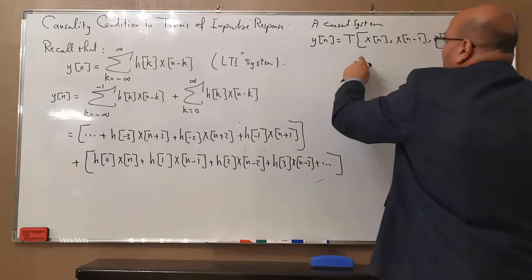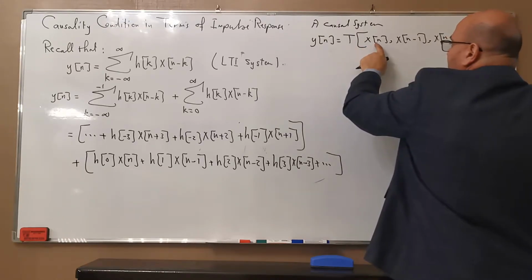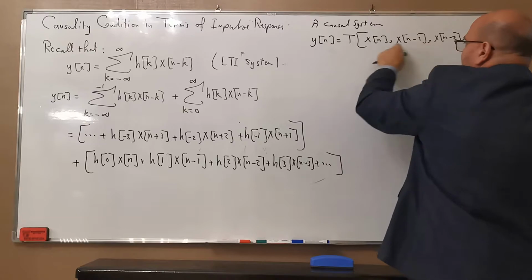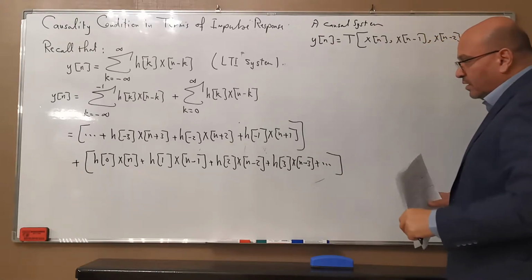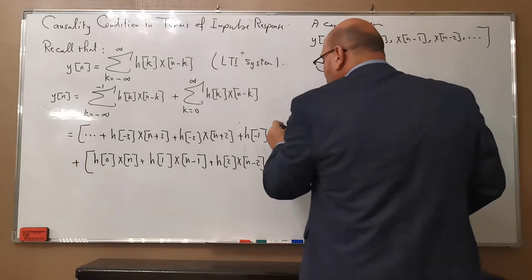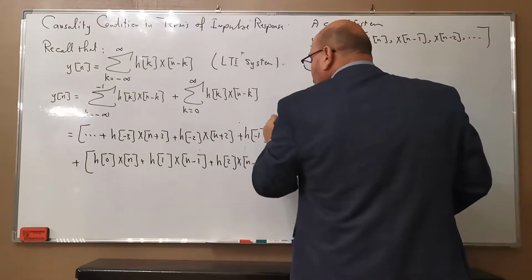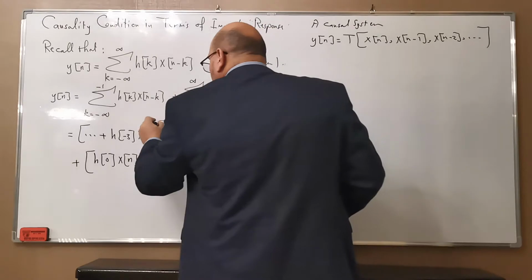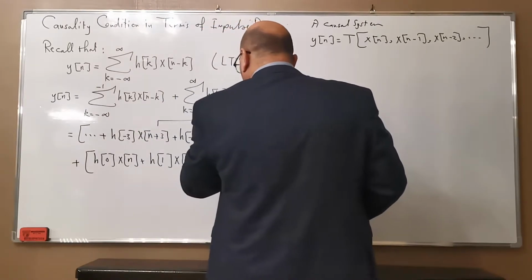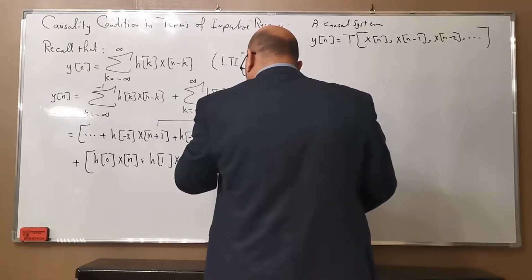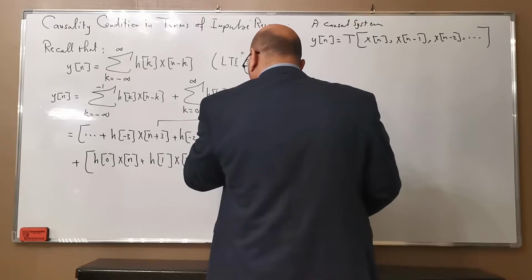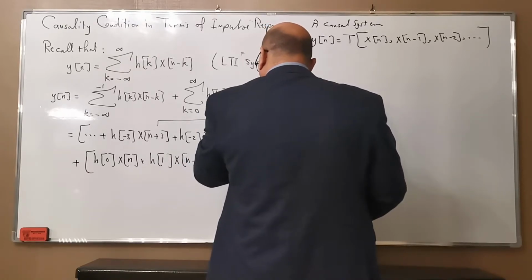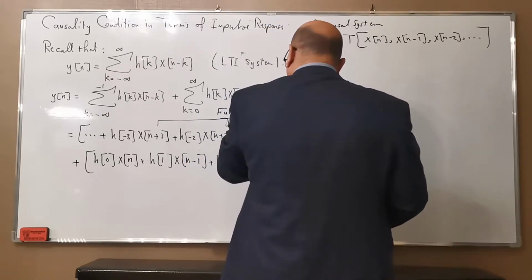So it's a function of the present and previous instances of time, but not the future instances of time. Now, looking at those, those are future values of x of n.